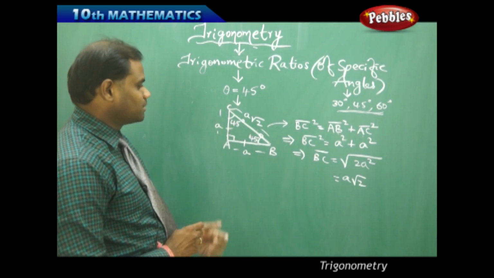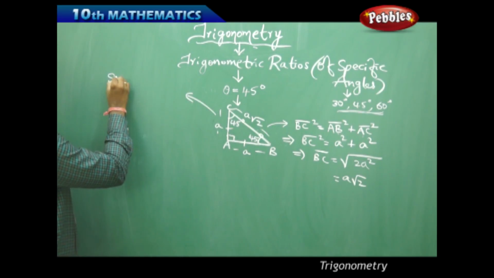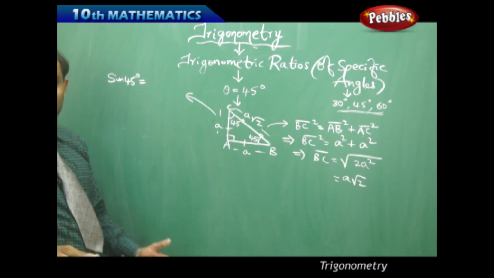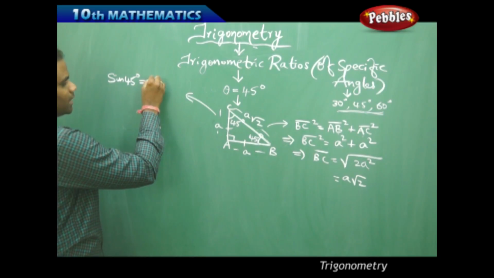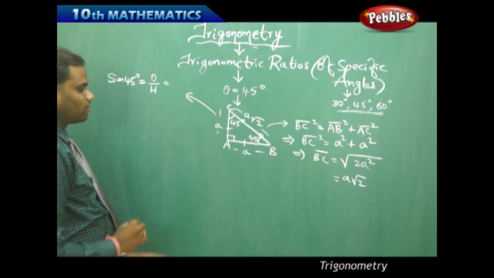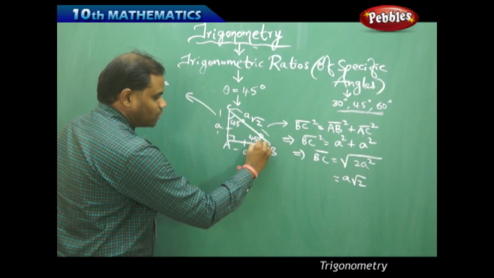And using these three dimensions, it is very easy to find sine 45, which is sine theta, opposite by hypotenuse. Here the opposite side is A because I consider this angle 45.